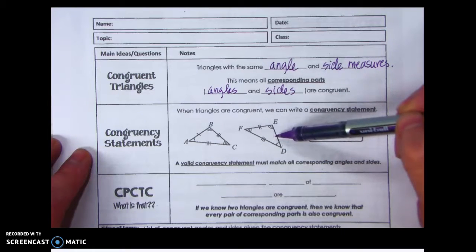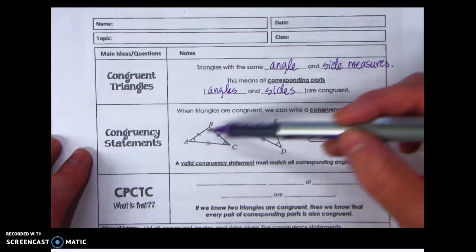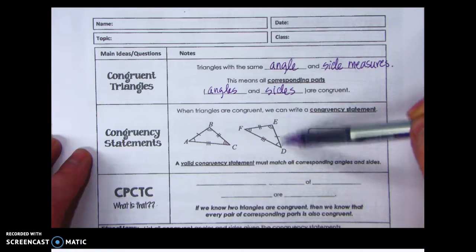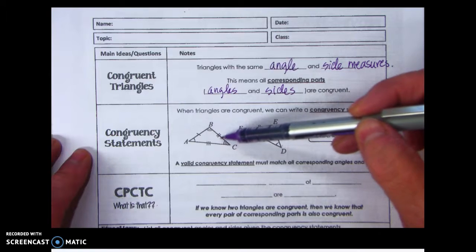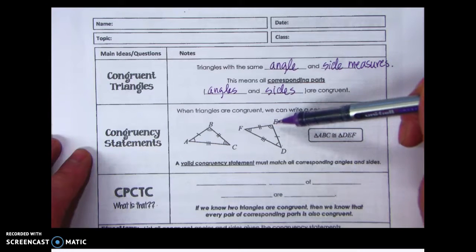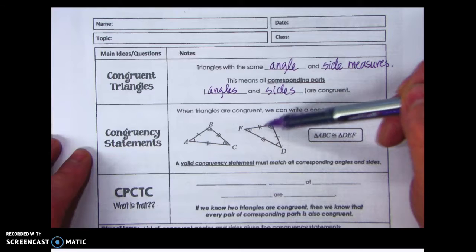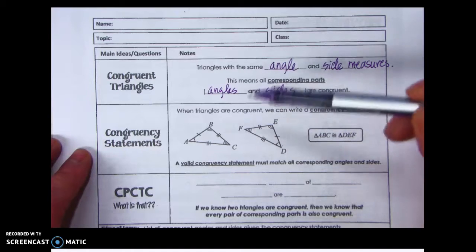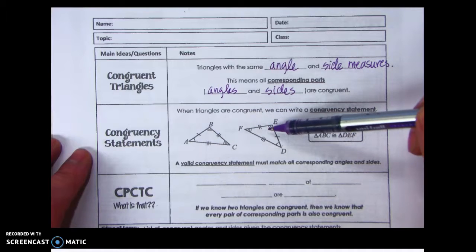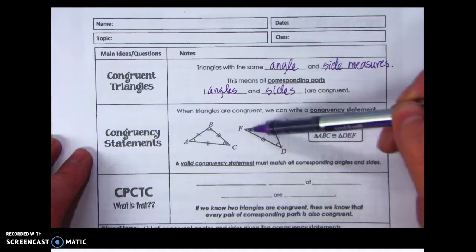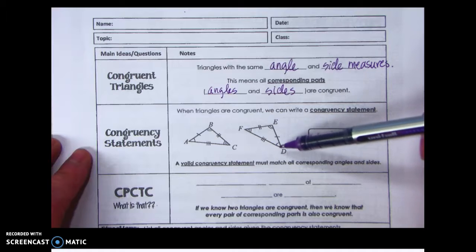The markings are the same. Okay, so AB is congruent to DE, and then we have BC with 2 lines congruent to EF with 2 lines. Then we have line AC with the 3 lines, congruent to line DF with the 3 lines marked there.